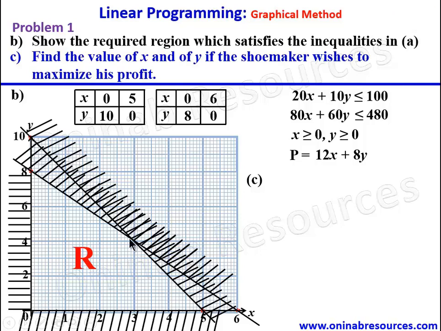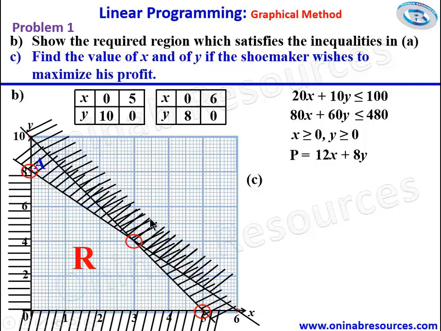So the shape here is a quadrilateral, and this is the origin. We might not consider the origin as one of the vertices because it means no production. So we are considering this place, and this. We are not considering this place and this place because they are not within the required region.